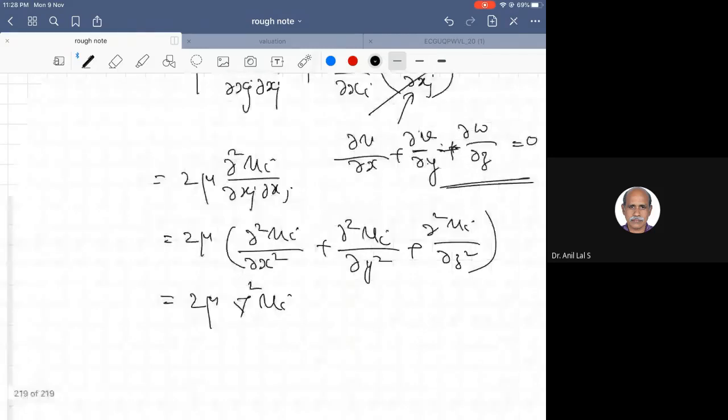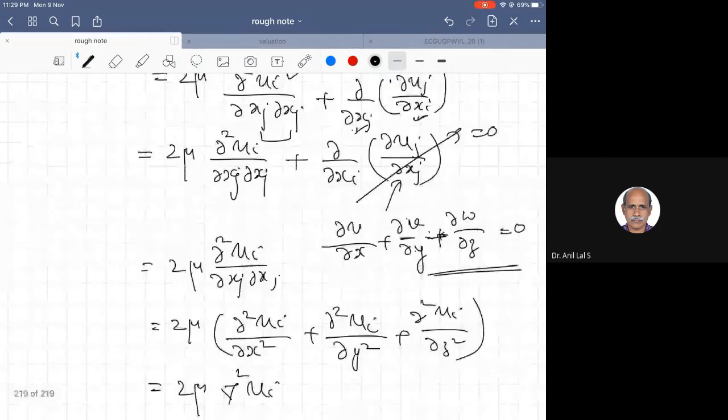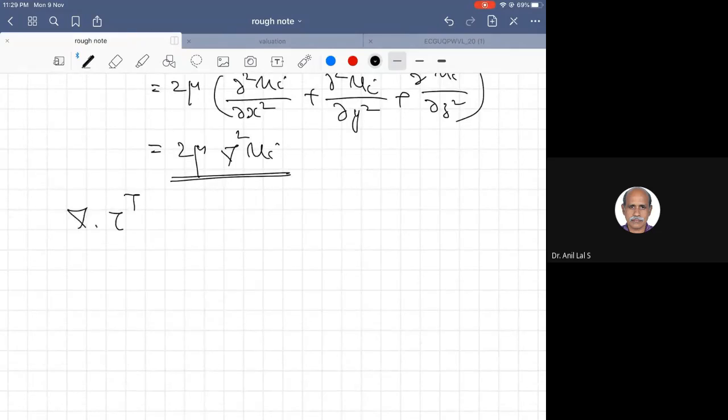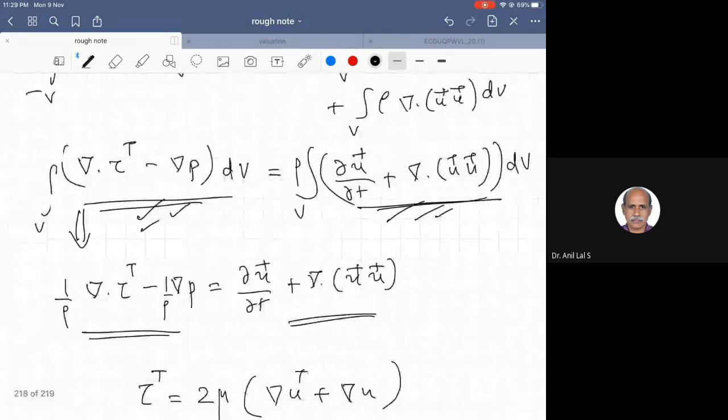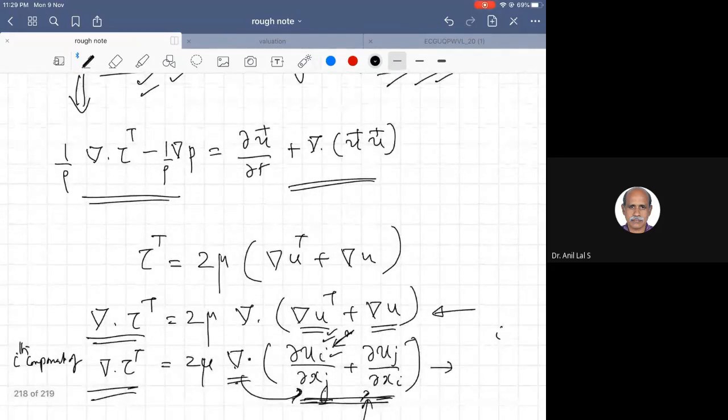That is, the ith component of del dot tau transpose is 2 mu into del squared ui. Thereby del dot tau transpose is 2 mu into del squared of the u vector. So like that we can modify the equation.